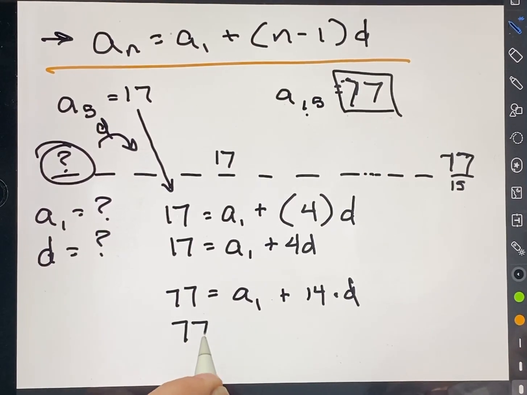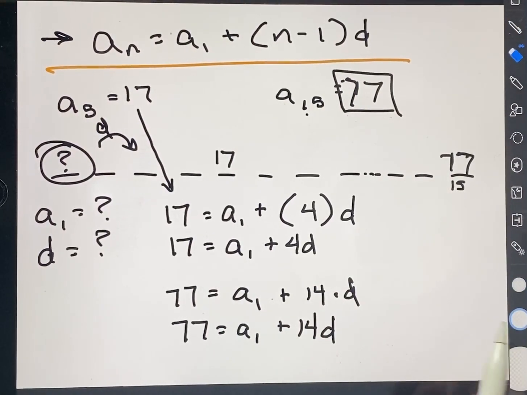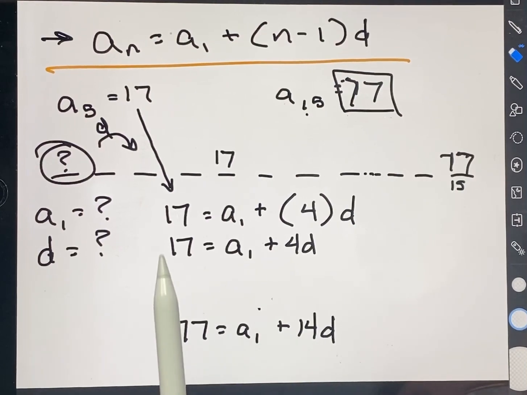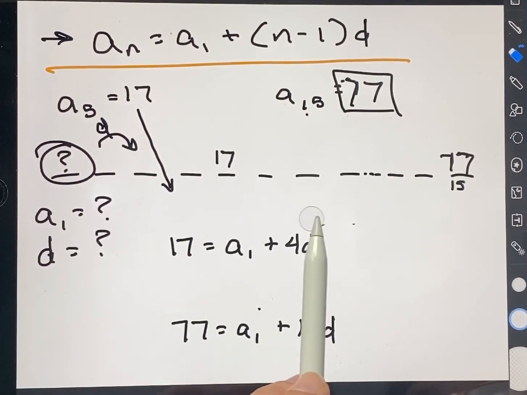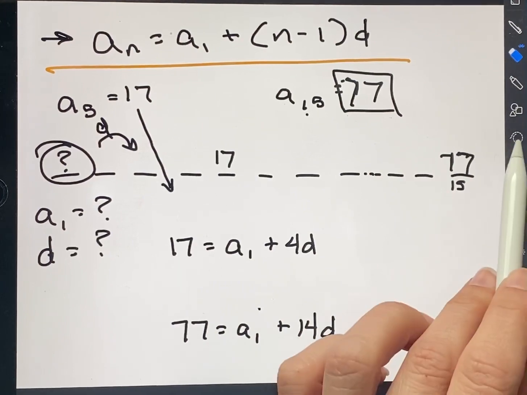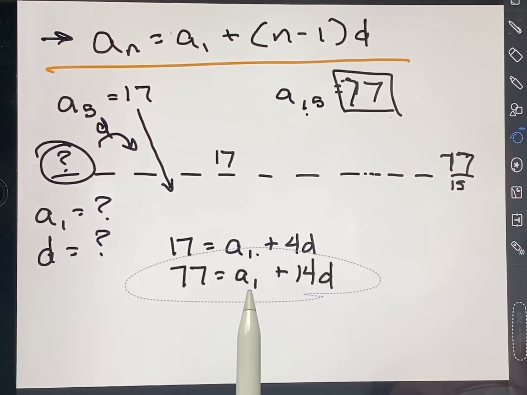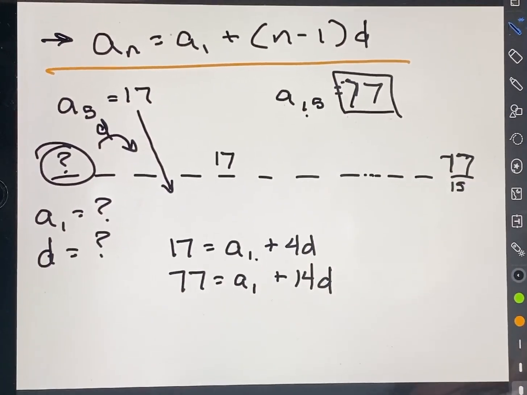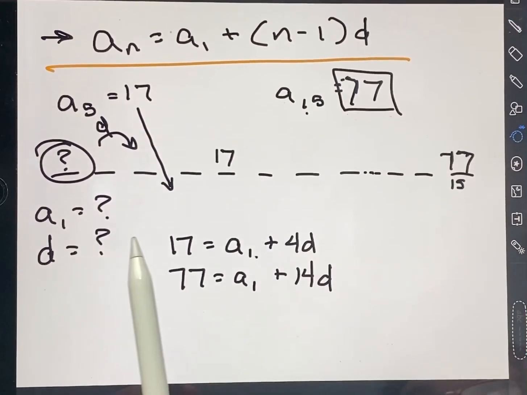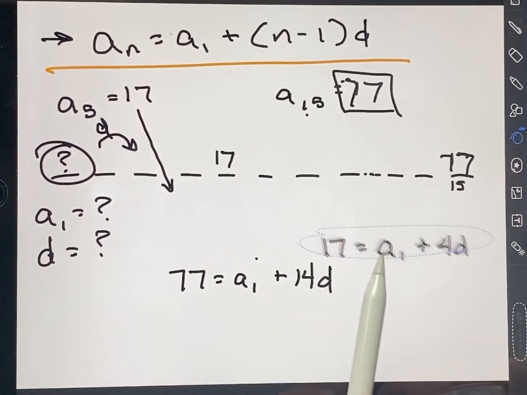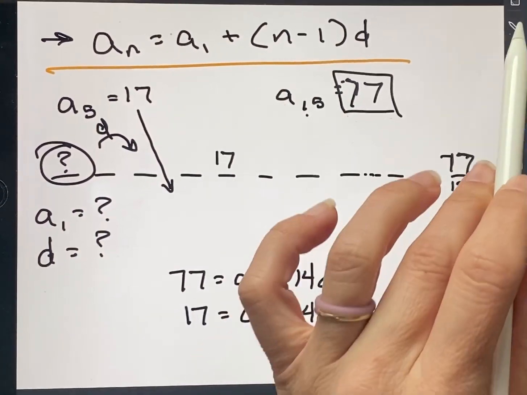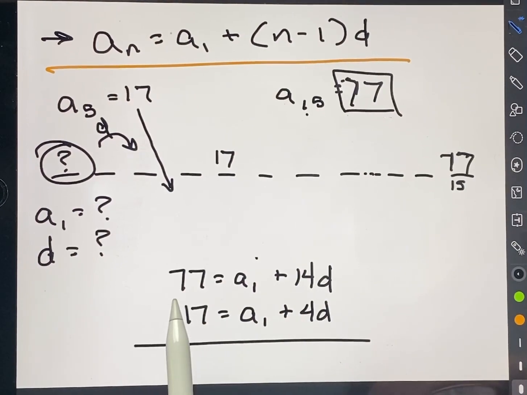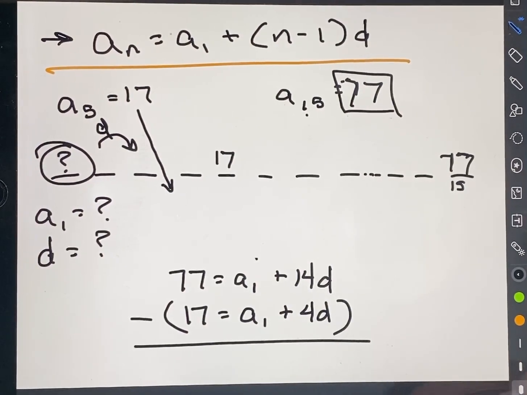So now I have 77 equals wherever I started and 14 jumps of this value D. Well, what we have given ourselves is 2 equations with the same 2 variables, and we can solve 2 equations with the same variables. We can do it by substitution, or we can do it by elimination. I'm going to put the small one on the bottom, and I'm going to subtract my entire equation.